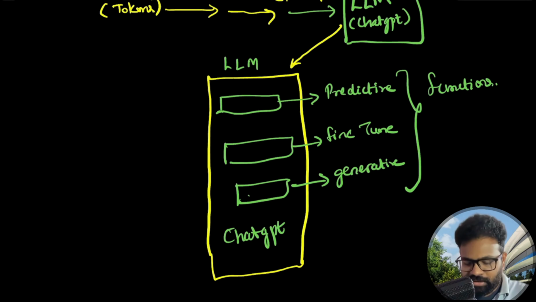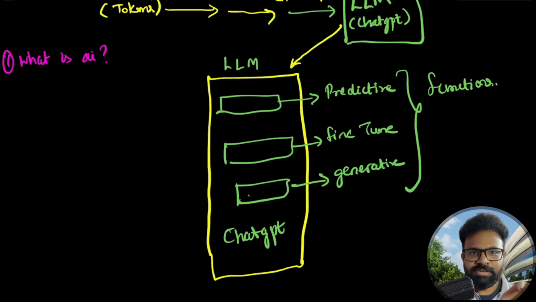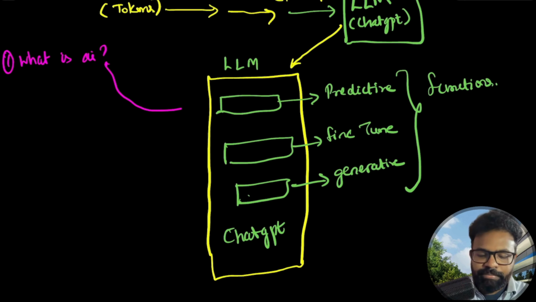Let's say in our first scenario, we have typed "what is AI". For this generic query, ChatGPT should already have that information, correct? Since it has the existing data, it can directly send this query to the predictive function.